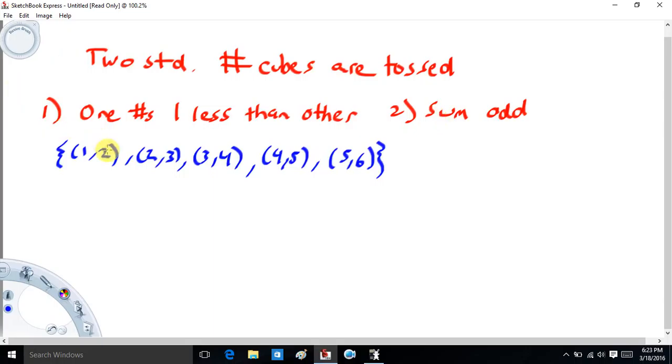So we already know when one of the numbers is one less than the other, the sum is always going to be odd, right? This is going to be 3, 5, 7, 9, 11. So these two events always happen together, so they are not mutually exclusive.